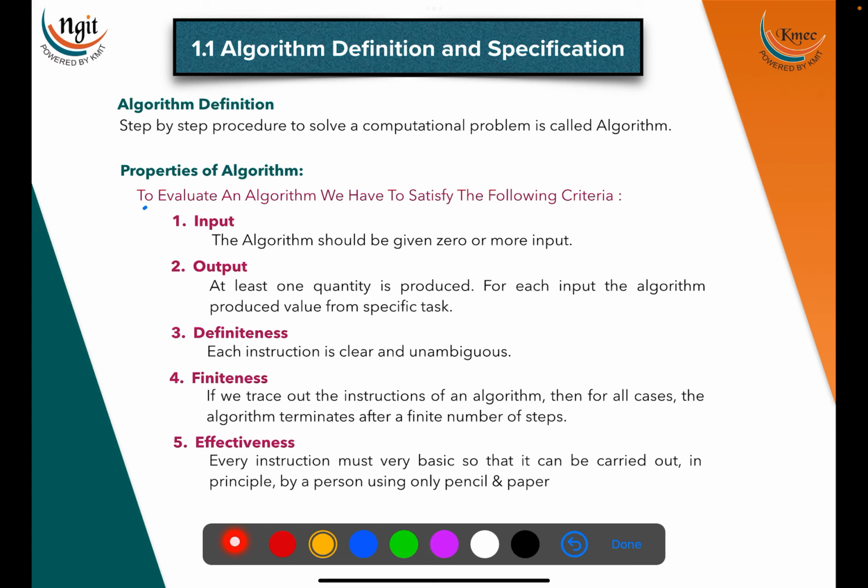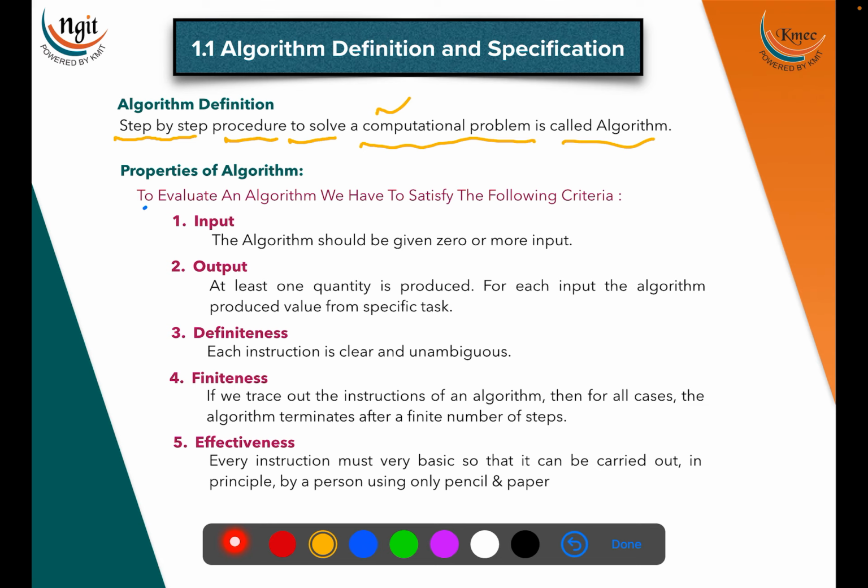Let's see, what is an algorithm? An algorithm is a step-by-step procedure to solve a computational problem. It is not necessarily true that we solve only computational problems.